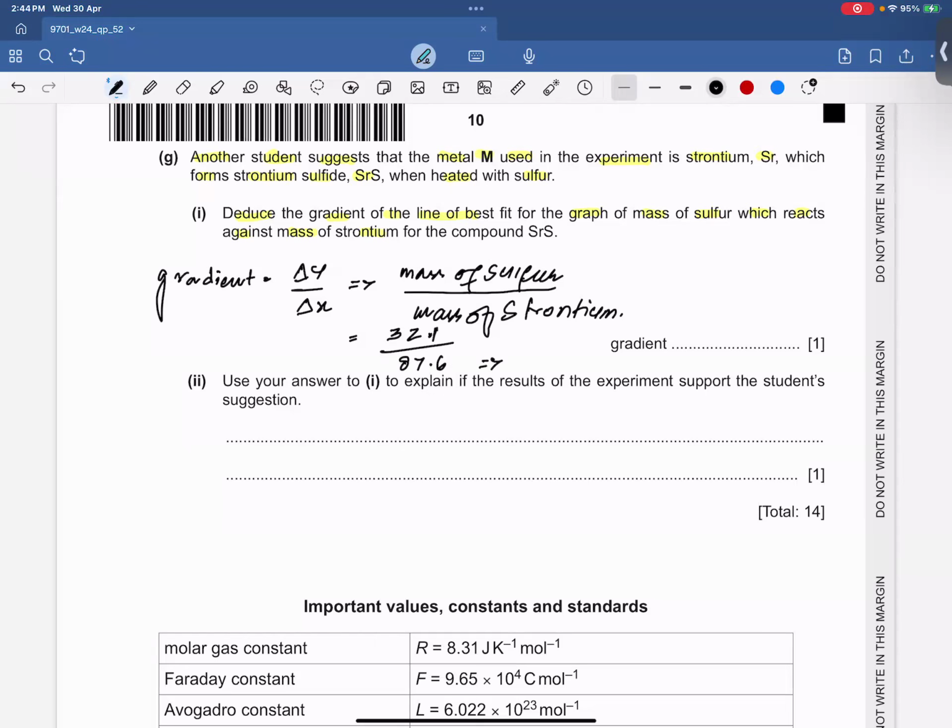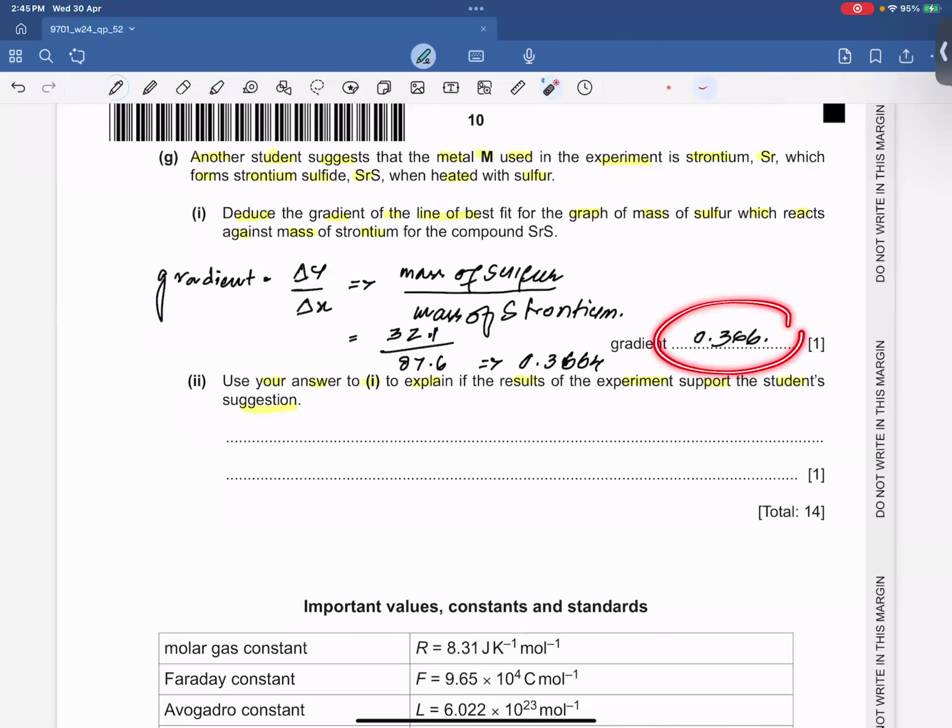So it's going to be how much? 32.1 divided by 87.6 is going to be 0.3664. So it's going to be 0.366.